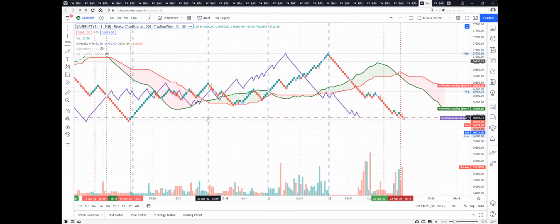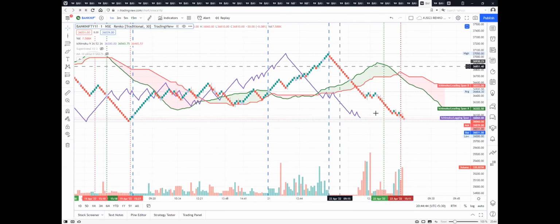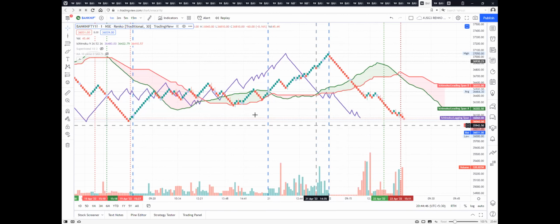Basic rules: first, I am discussing that we are using this 30-point brick to find the important support and resistance levels and market trends. We use 30 bricks so that we get those important support levels.